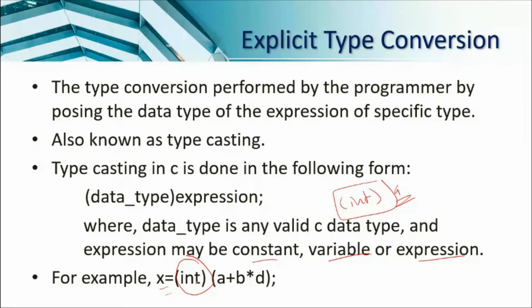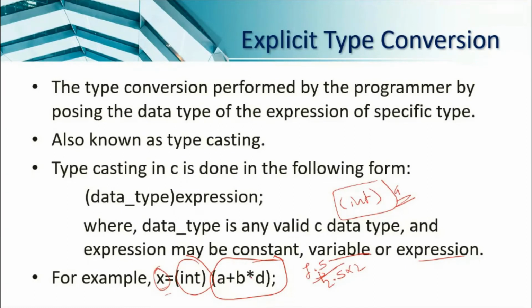Whatever is calculated using this statement will be converted to integer, so x will be an integer value, even if a is a float, say 7.5, and b is say 2.5, and d is say 2. So what is happening? 7.5 plus 2.5 into 2. That is what is coming up.